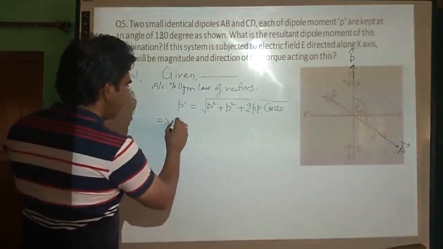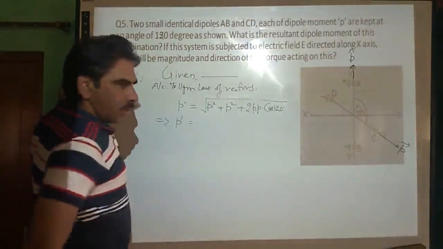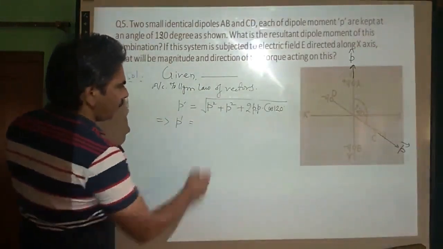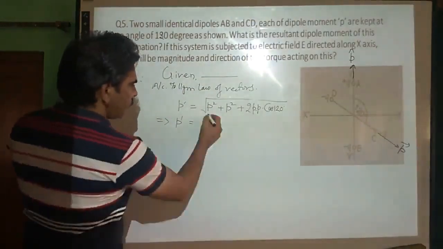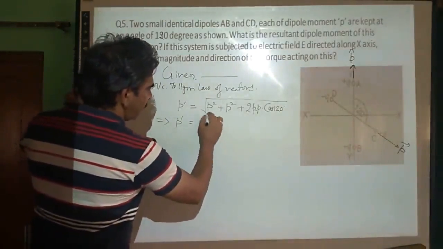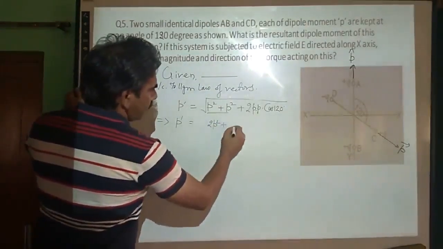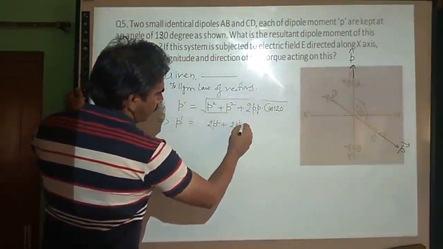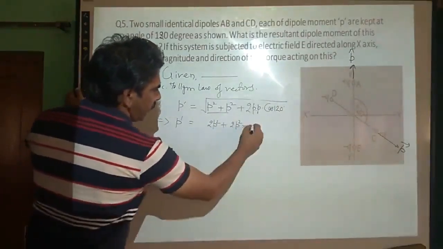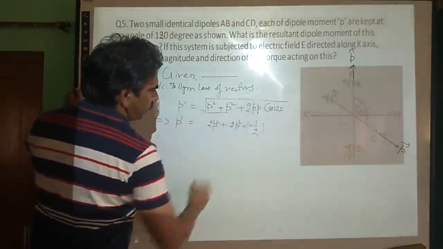So that simply means the resultant dipole moment P dash is 2P square plus 2P square into cos 120, which is minus 1 by 2.